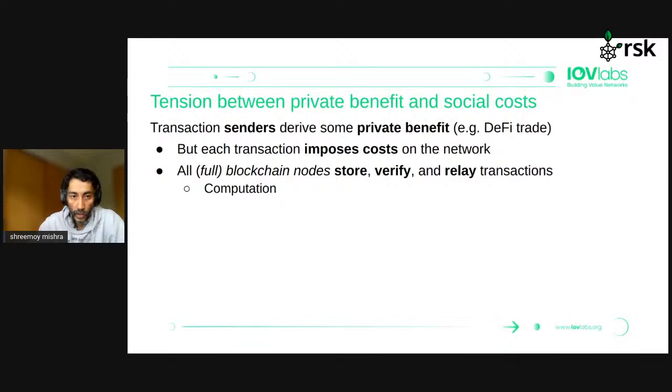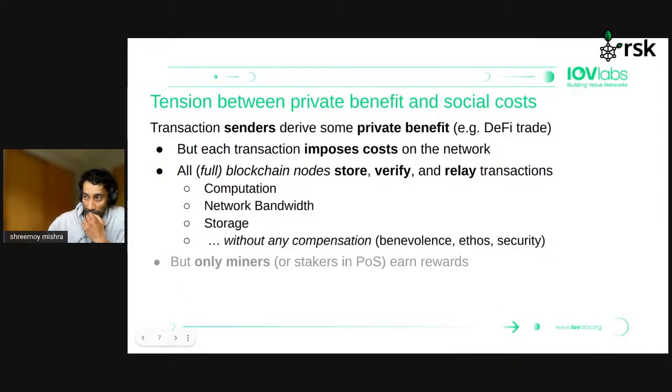One is computation, the other is network bandwidth, and the final one is storage. Of these three, we'll figure out that only the miners are being paid for these costs. If you are someone who's running an RSK node or a Bitcoin node, you don't get any of these fees. So you're primarily running a Bitcoin node for your own reasons, such as altruism.